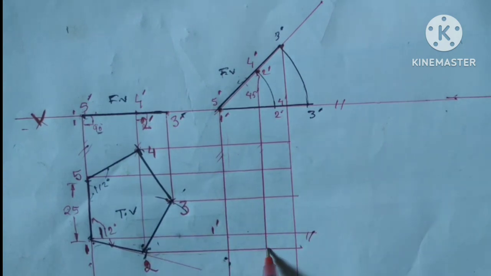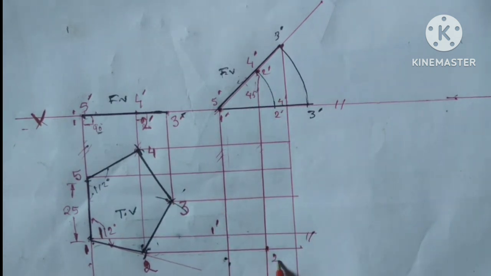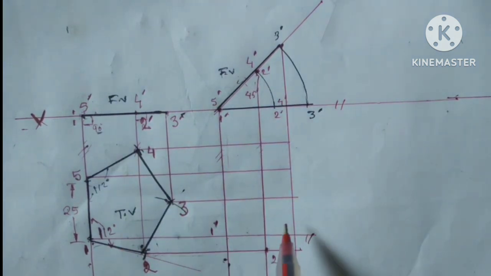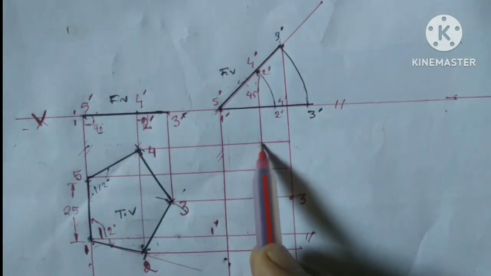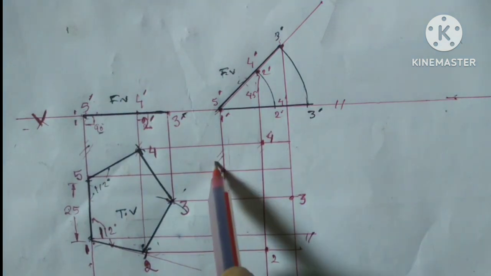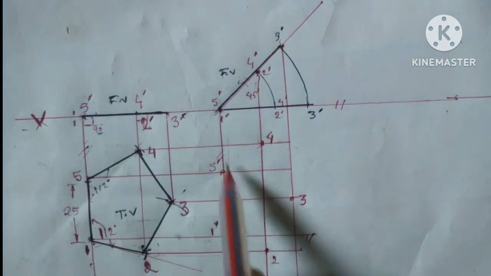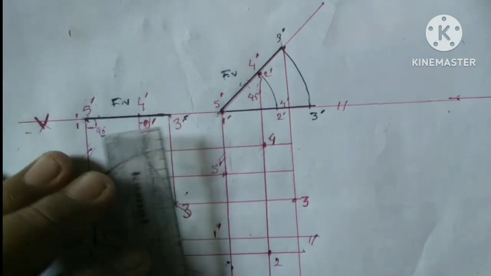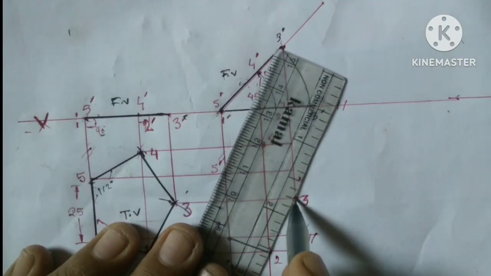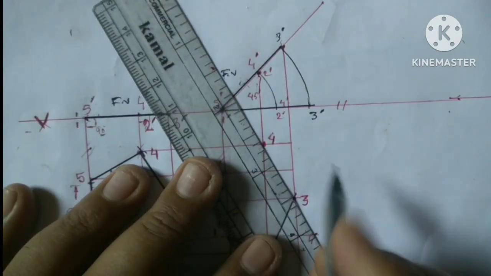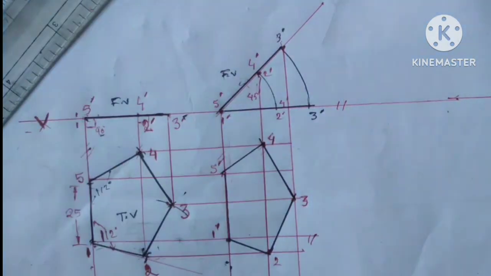Again follow the same method. Now join from point to point: 1, 2, 2, 3, 3, 4, 4, 5, 5, 1.